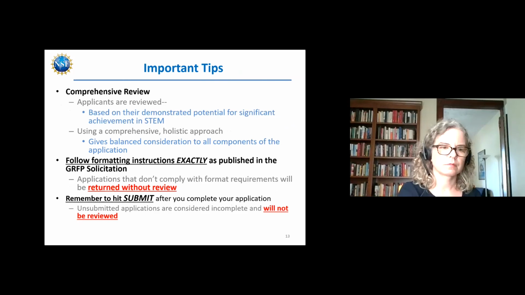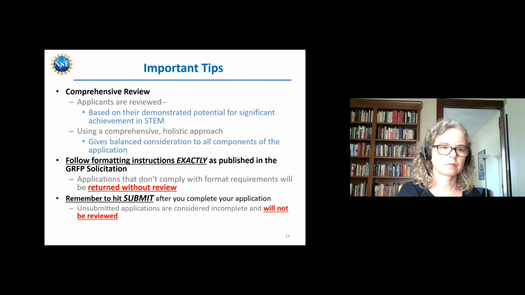It's important to remember that the application for GRFP will be used as part of a comprehensive review. Applications are reviewed based on their demonstrated potential for significant achievement in STEM. The reviewers are asked to use a comprehensive, holistic approach that gives balanced consideration to all components of the application.